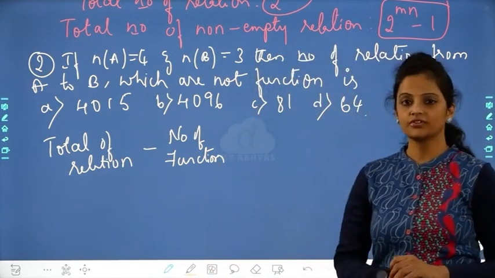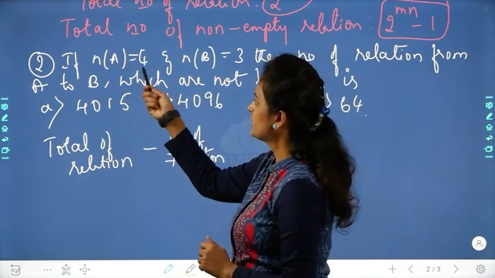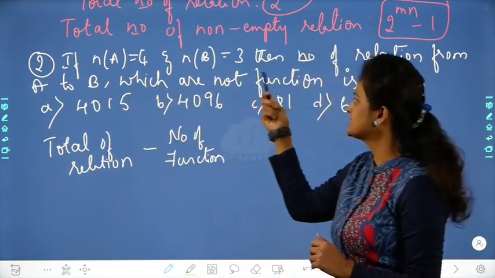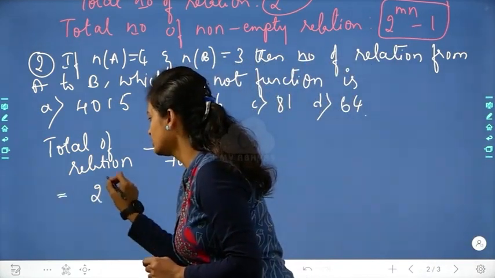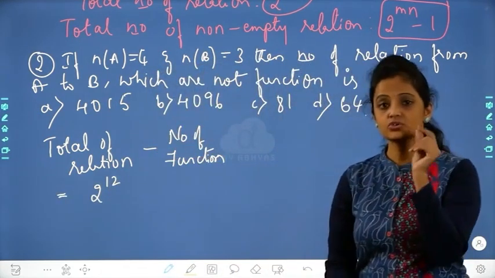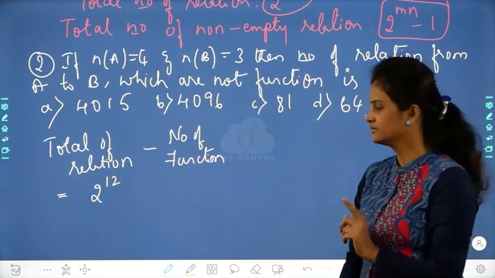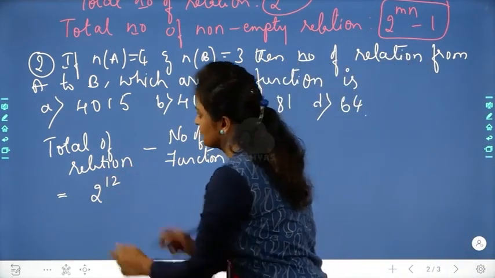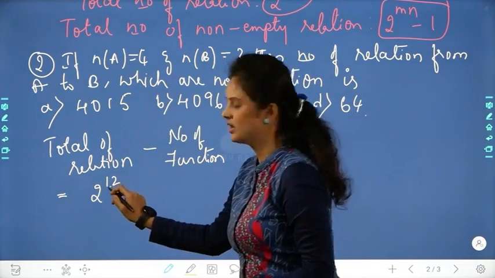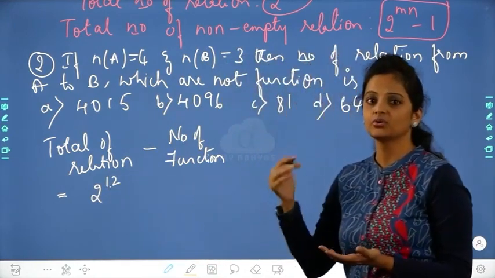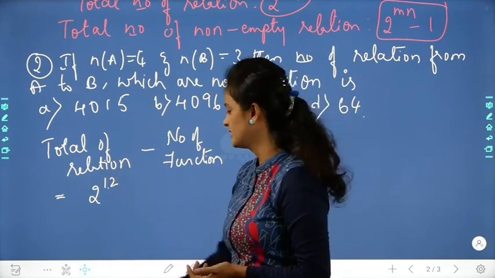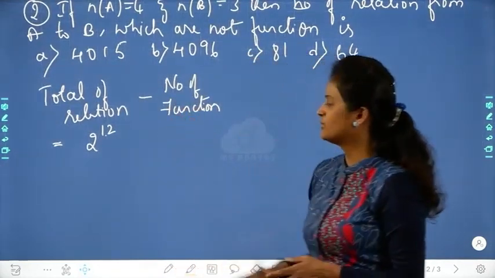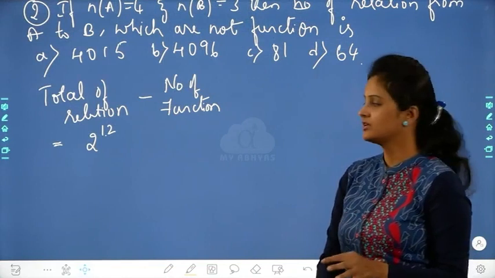So the total number of relations: n of A is 4 and n of B is 3, means the total number of relations will be 2 to the power of 12, because 2 to the power of 4 into 3. If you multiply 4 and 3, you get 12. Now if I want the number of functions, how do you get it?